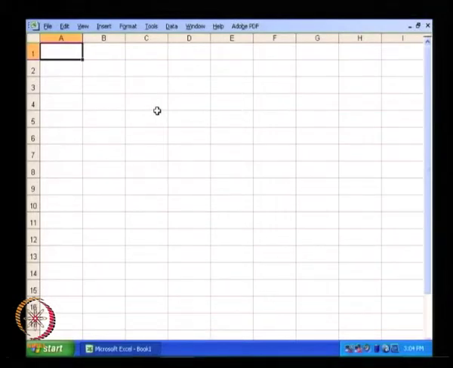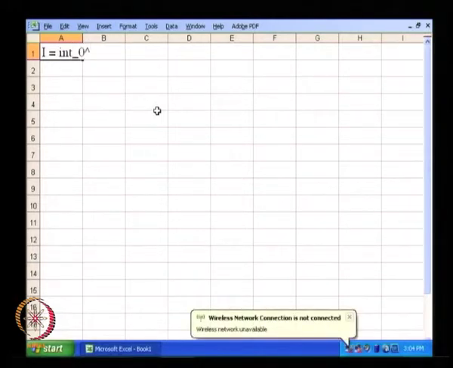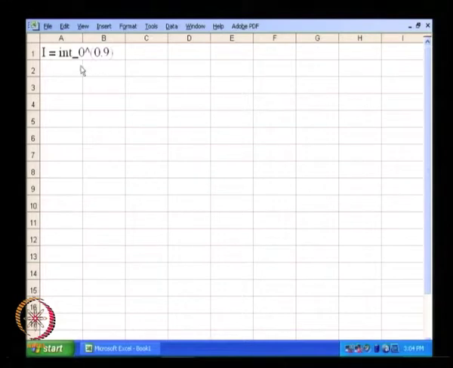So what we want to do is I equal to integral from 0 to 0.9 f of x dx. That is the integral that we want to find.